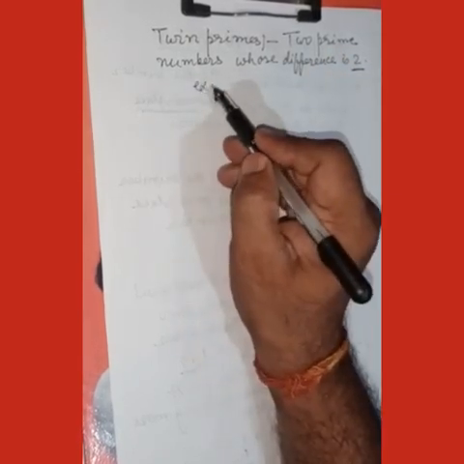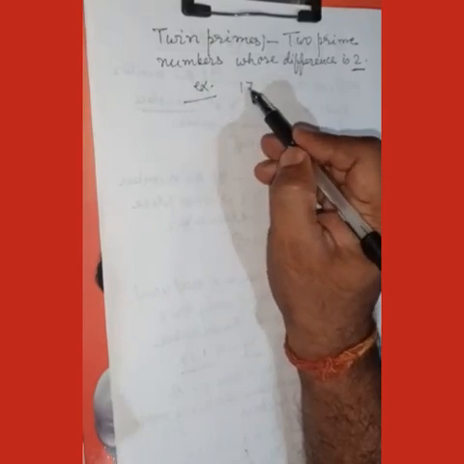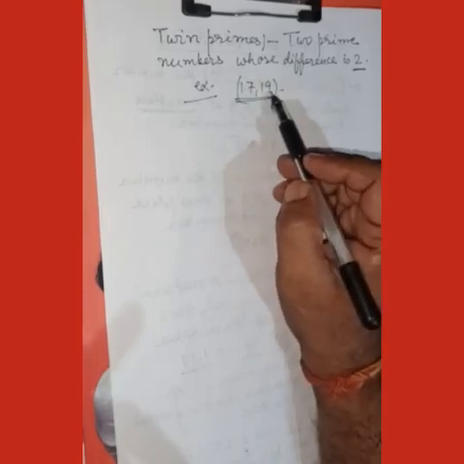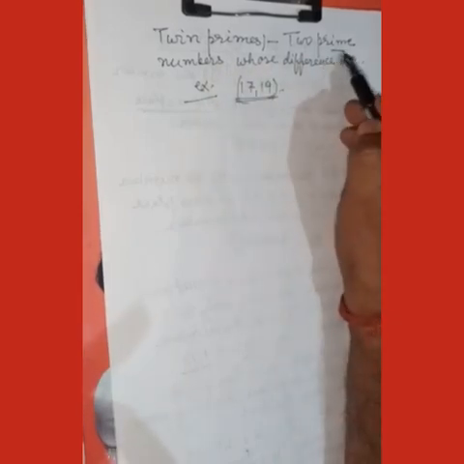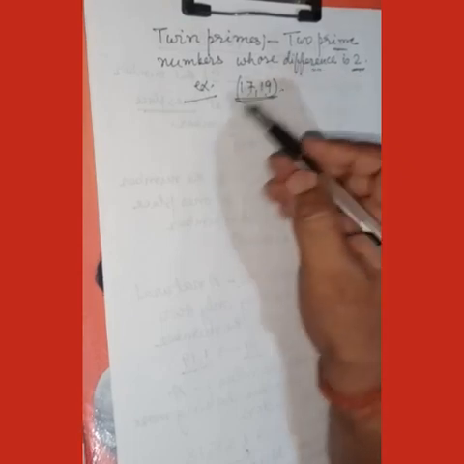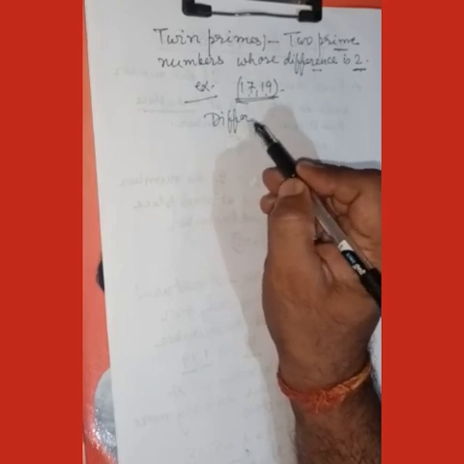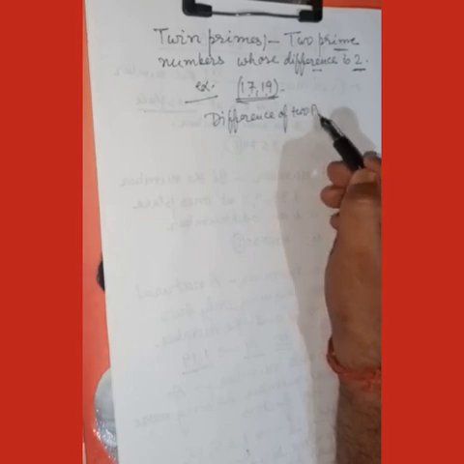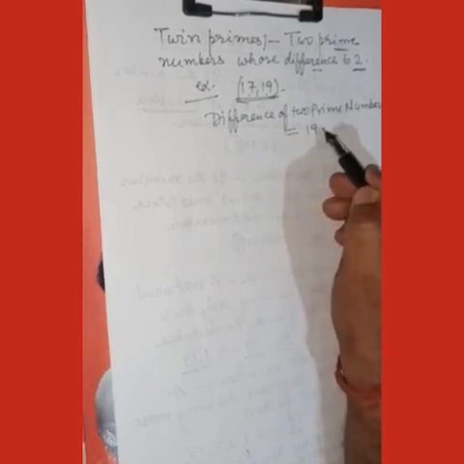Okay, now for example, you see over here, I am taking 17 and 19. Both are prime numbers. What the definition is saying: 2 prime numbers, and the difference would be 2. Now see the difference of 2 prime numbers, this is equal to 19 minus 17, equal to 2.